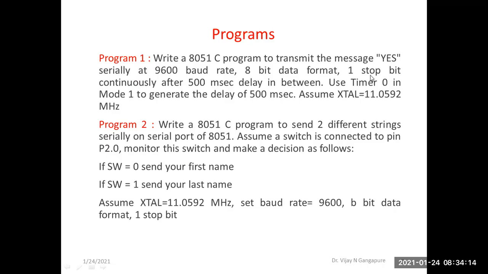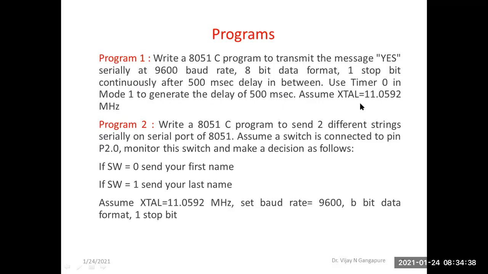It has been asked to use one stop bit, and we have to transmit this message YES continuously after every 500 millisecond. In between, use timer 0 in mode 1 to generate the delay of 500 millisecond and assume crystal frequency 11.0592 megahertz.